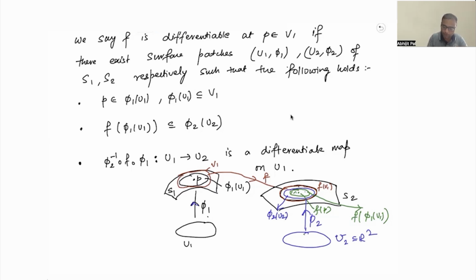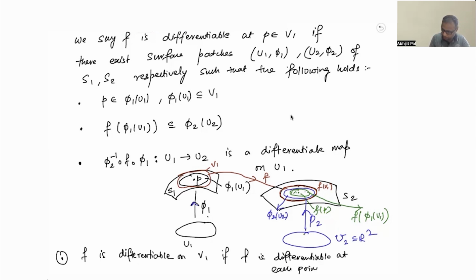If it is a differentiable map, then we call f differentiable at P. So f is differentiable on B1 if f is differentiable at each point of B1.